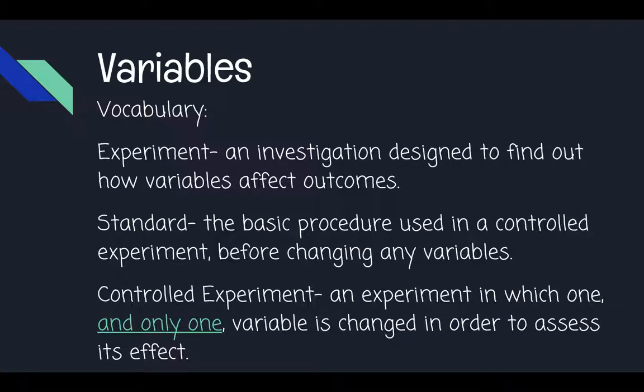Okay, the vocabulary terms that you will need to add to your content inquiry journal today are experiment. An experiment is an investigation designed to find out how variables affect outcomes. Standard is the basic procedure used in a controlled experiment before changing anything. So if we were talking about the standard for our swinger experiment, we would say that we had a 38 centimeter swinger with 1 penny attached to the end of the swinger.